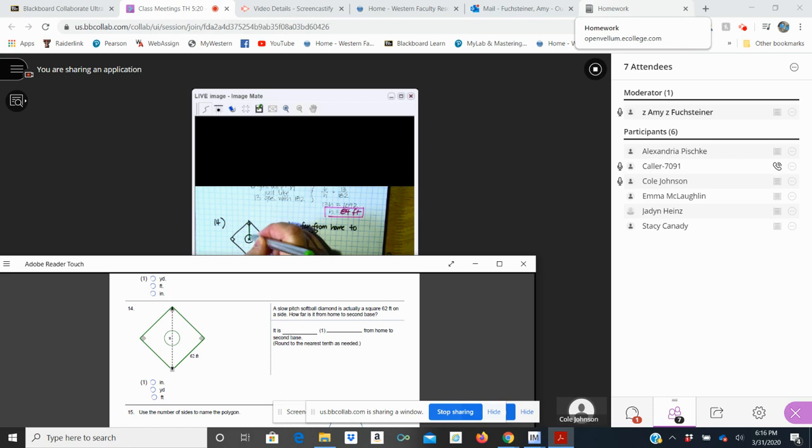So we're trying to find the distance from home plate all the way to second base. That's what we want to find. What they're asking you to see is that what we've really got here is a right triangle, with each side being 62 feet and the distance from second base to home plate being unknown.